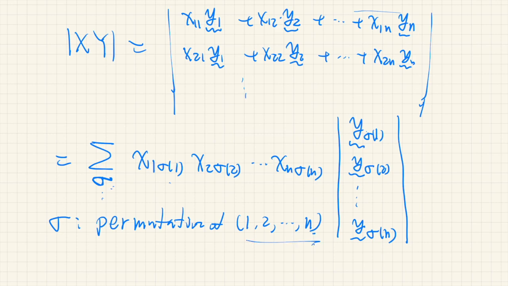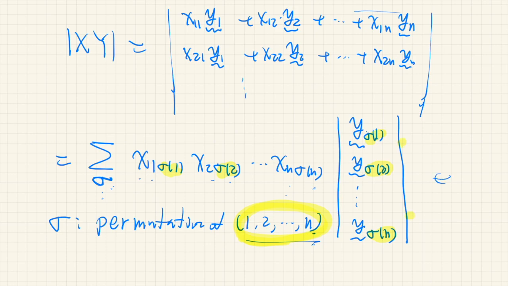Sigma 1 here is the same as this sigma 1, one of these n numbers, and this sigma 2 is another number out of these n numbers, and so on.